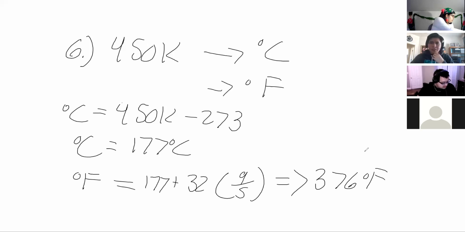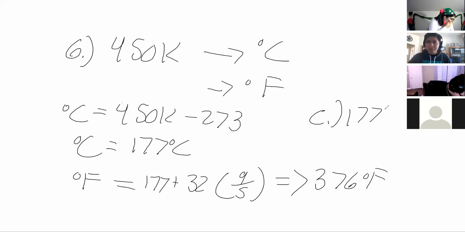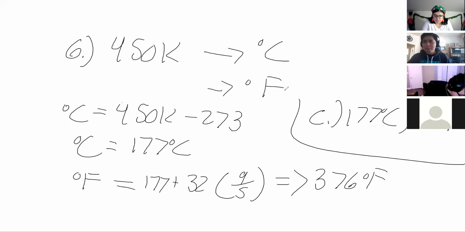The side-by-side options are in your book, so your answer would be C, because it gives us 177 degrees Celsius and 376 degrees Fahrenheit. Your final answer would be C on that review question.